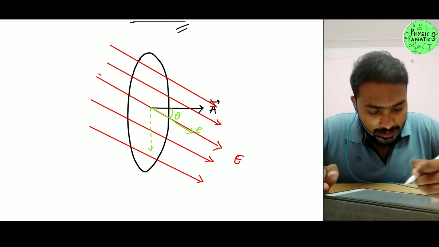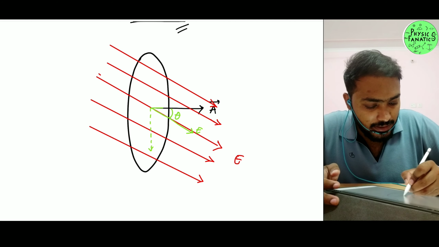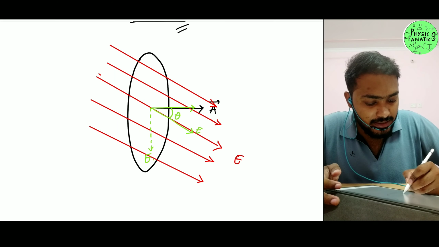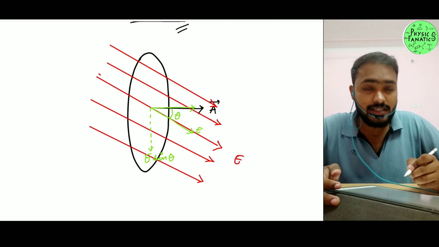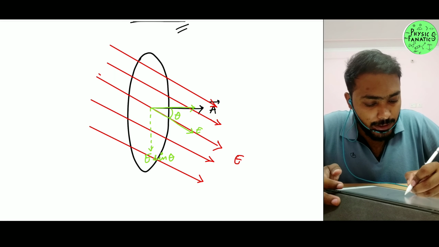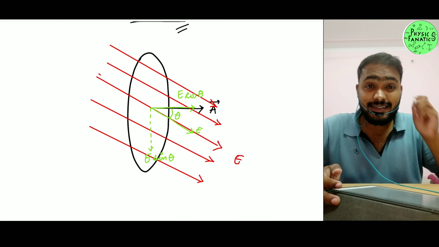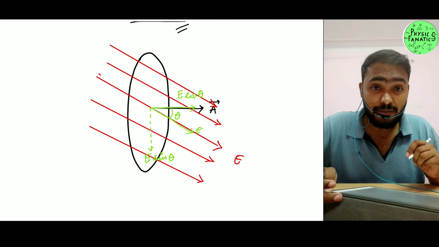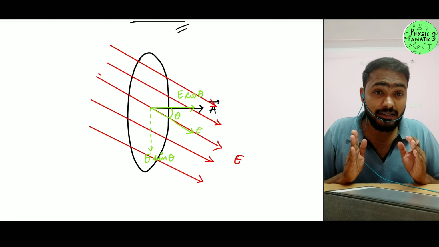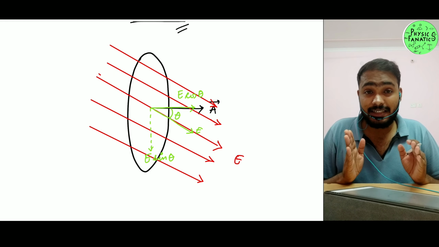I can see that the electric field has two components here. One component is E sine theta, along the surface going downward, and the other is E cos theta. This E cos theta is the perpendicular component of the electric field.